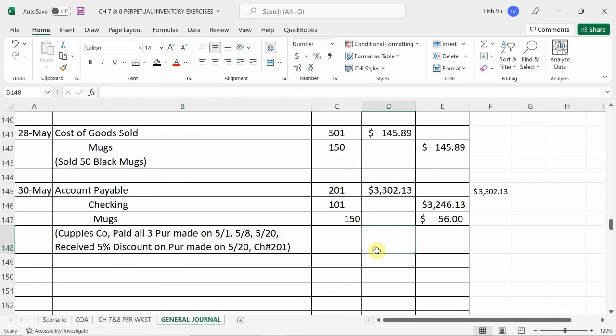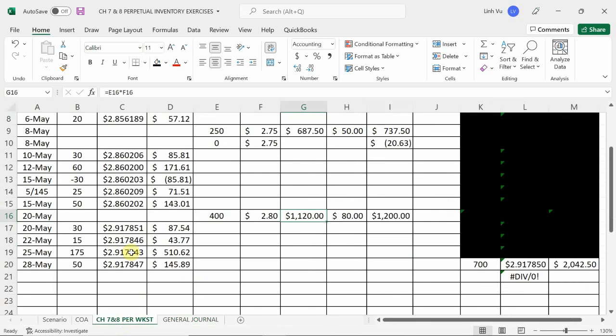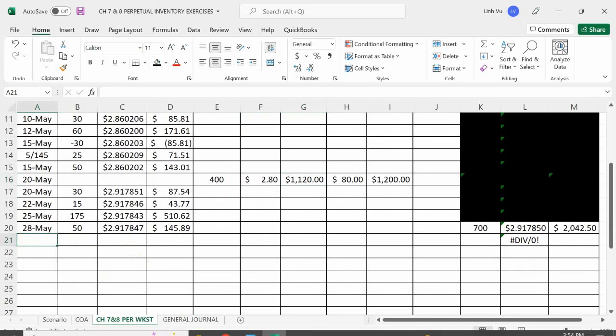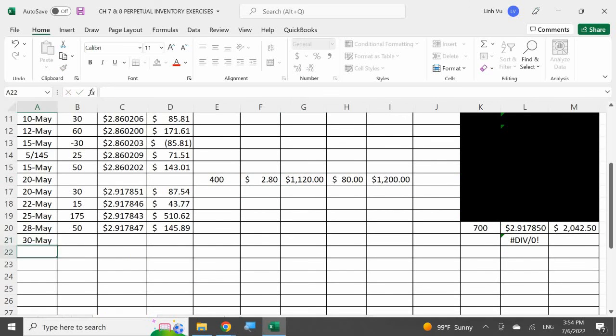Okay. And last but not least, I received a purchase discount. So I got the purchase discount off of the last batch of inventory that I just purchased. That's the last entry I'm going to be putting in here, on May 30th.